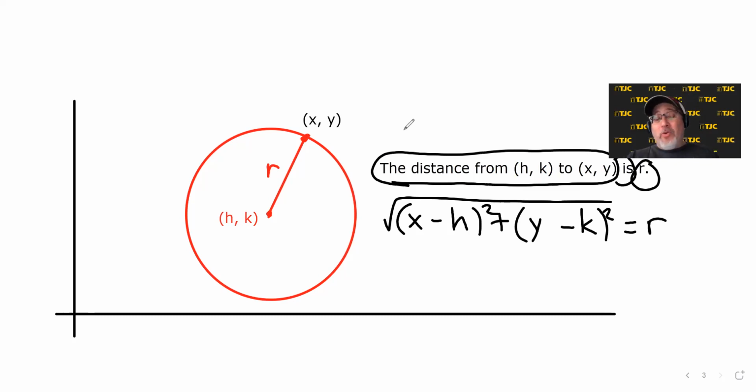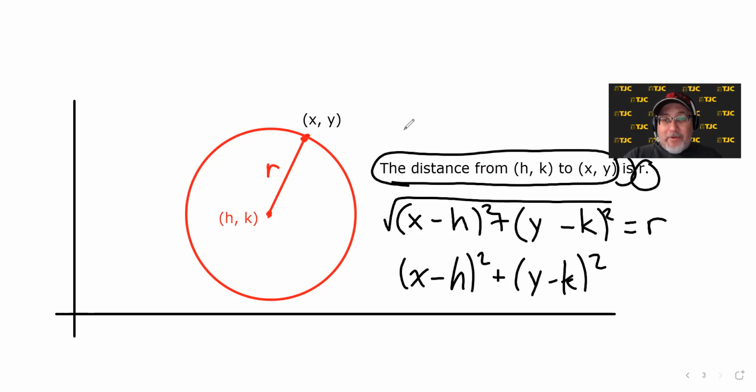So we technically have our equation. It'd look better if we squared both sides. So imagine squaring both sides. It would cancel the square root and leave everything underneath it. That's what would happen on the left, and on the right, the R would get squared.